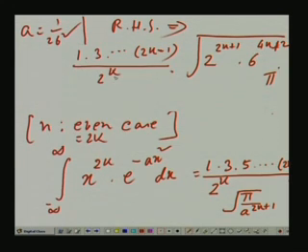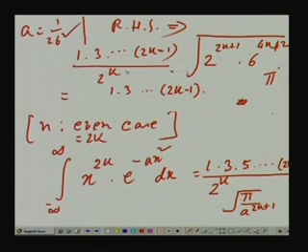2 to the power k cancels, sigma to the power twice k comes up here, and sigma to the power 2 square root gives rise to sigma, square root pi and a square root 2. So, this will give rise to 1 3 ... twice k minus 1.